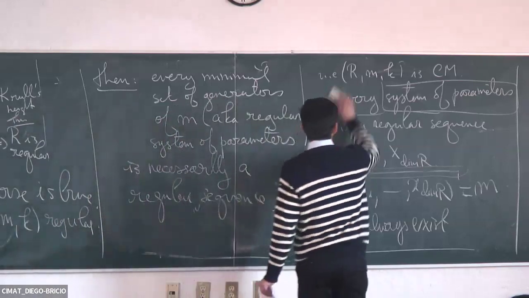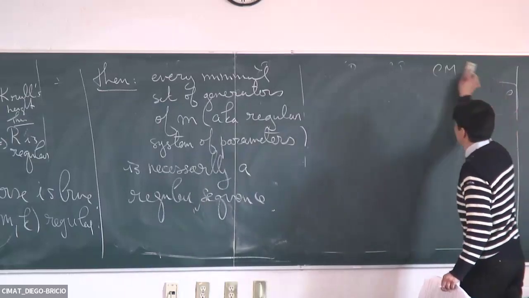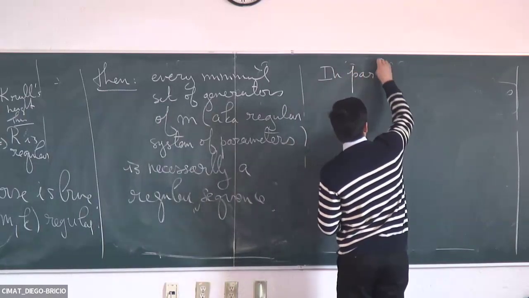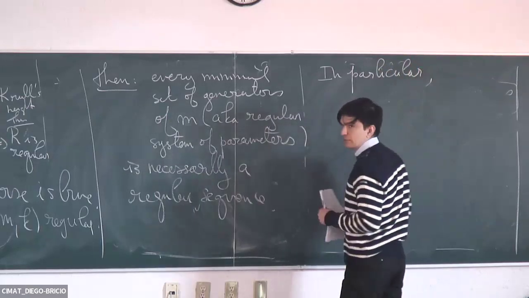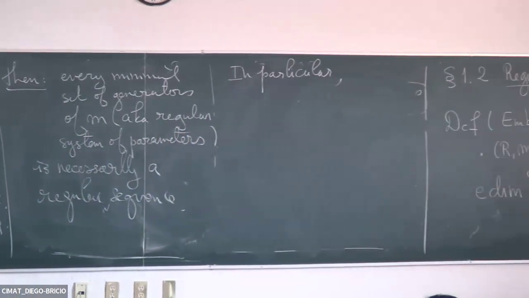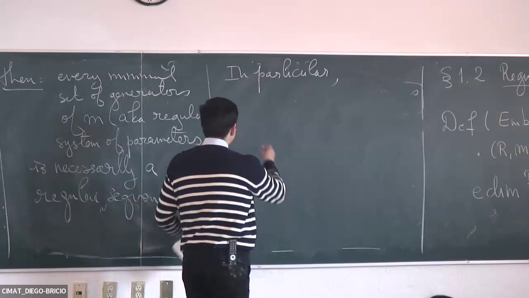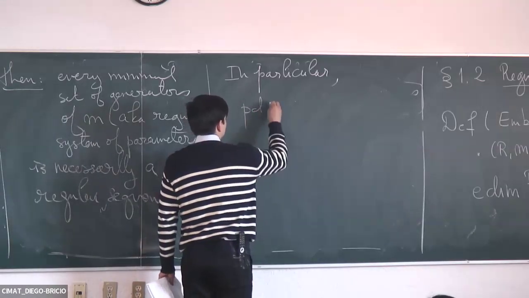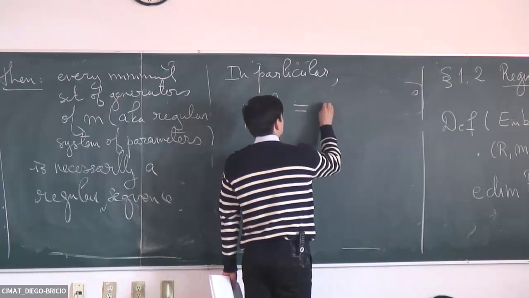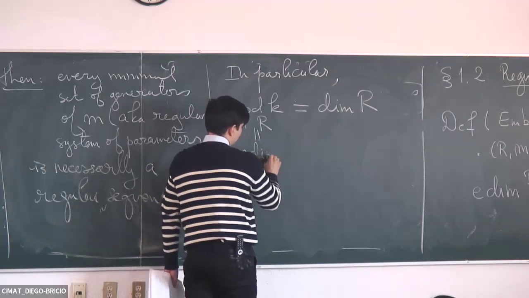In particular, the projective dimension of the residue field will be equal to the dimension of R. Remember, this was also the global dimension of the local ring.